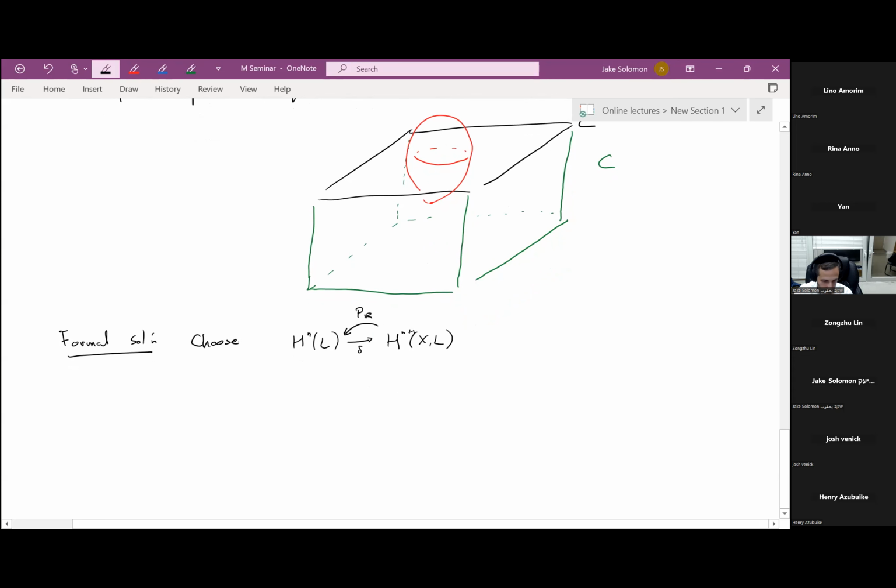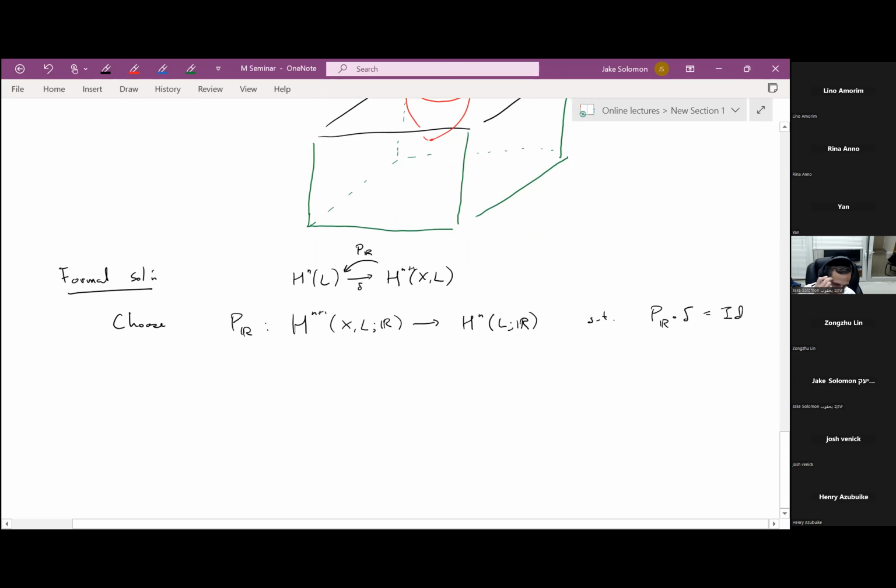So we choose some P from H^{n+1} relative cohomology such that when you compose it with the boundary map, you get the identity.